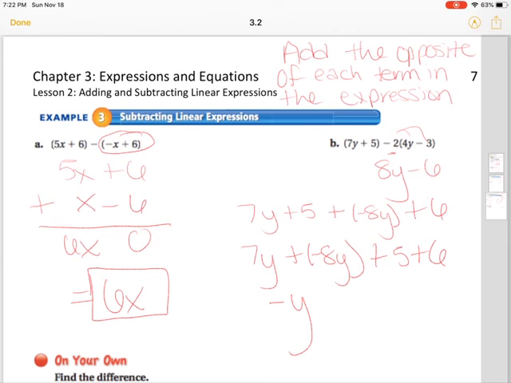But saying negative 1y and negative y, it's the same thing, because as you guys know that we just covered, this is just saying we have 1y. And then we have our 5 plus 6, which is 11. So our answer here is negative y plus 11.